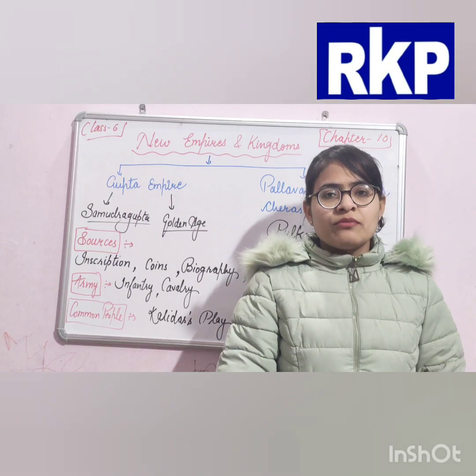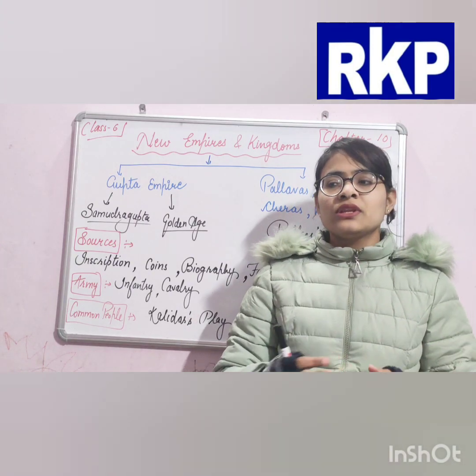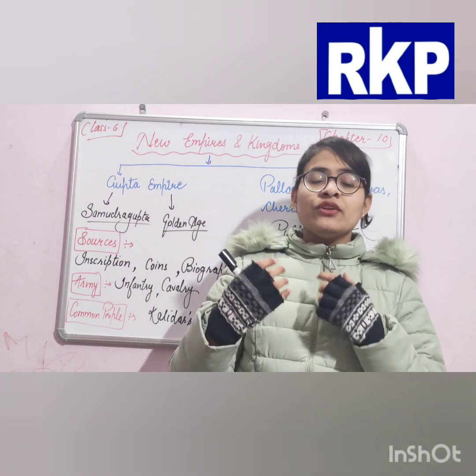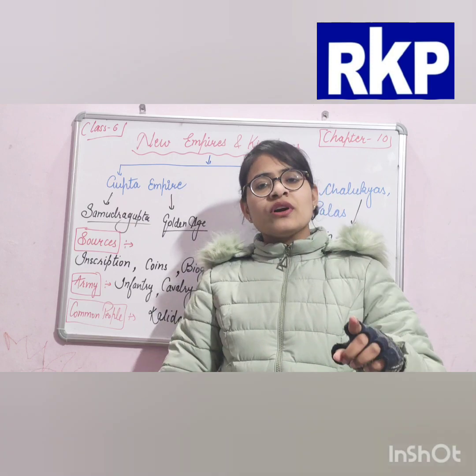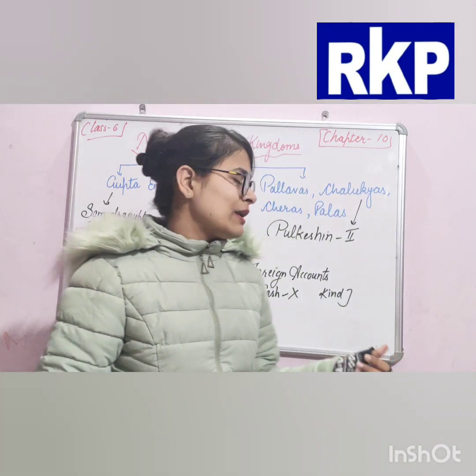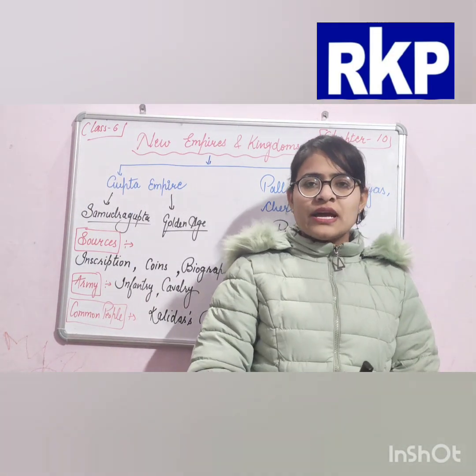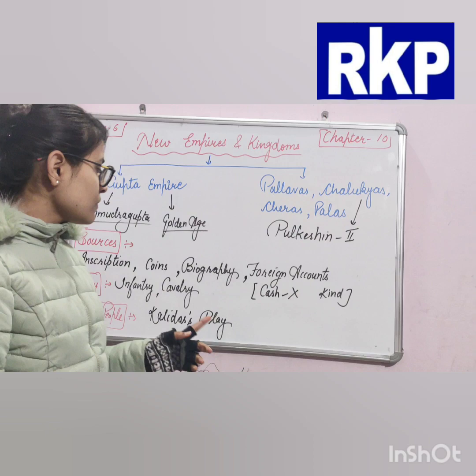What is a biography? It means to write something about anyone's life. If I am writing about your life, it will be your biography. But if you are writing about yourself, it will be called an autobiography. By biographies or autobiographies, we come to know about our history.